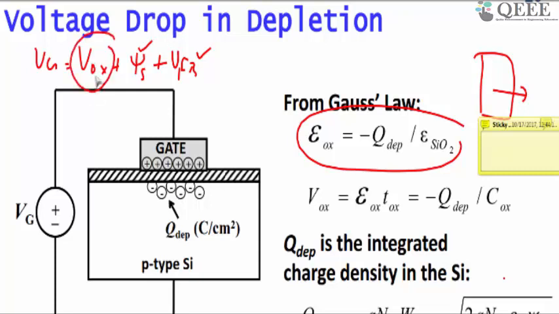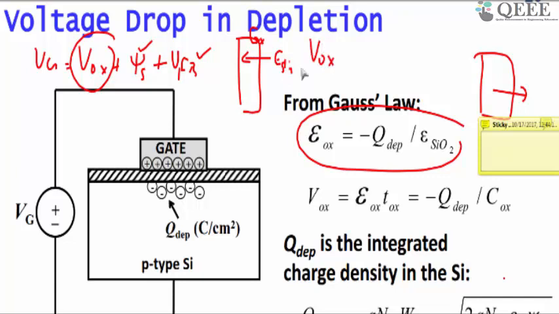In order to calculate the voltage drop inside the insulator, what do you need to do? We know that inside the oxide there are no charges, and from Gauss's law we know Eox. If we know Eox, we can find Vox.